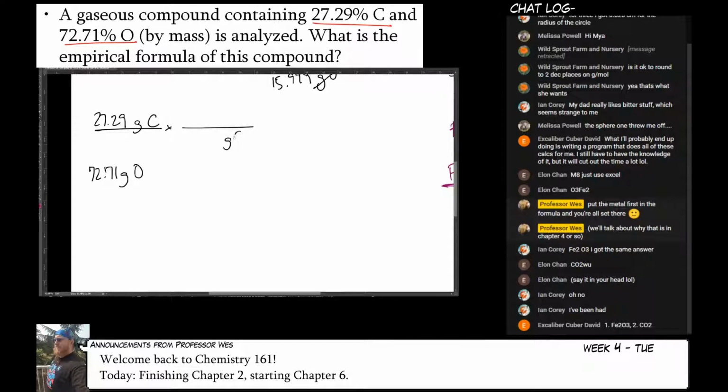Turn grams into moles. So here I got 2.272 moles of carbon.